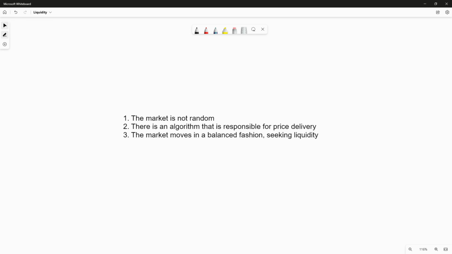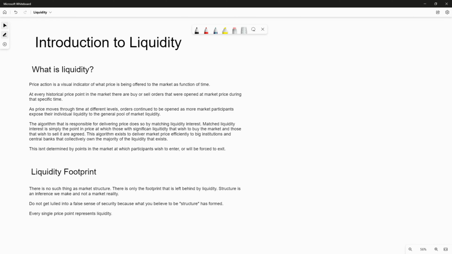Now, I believe that there's an algorithm that's responsible for price delivery, and this algorithm moves the market in a balanced fashion, seeking liquidity. Now, what is liquidity? Well, to understand what liquidity is, we have to talk about price action. Price action is your chart. It's the lines you see going up, going down, printing.